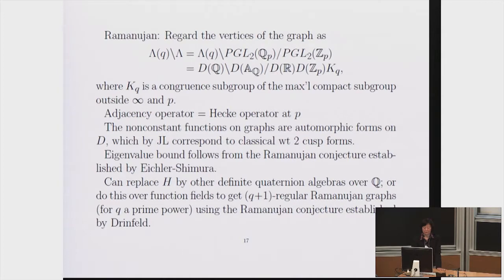The vertices of the graph are Lambda modulo the kernel of the reduction, and Lambda itself is PGL_2(Q_p) modulo its maximal compact.